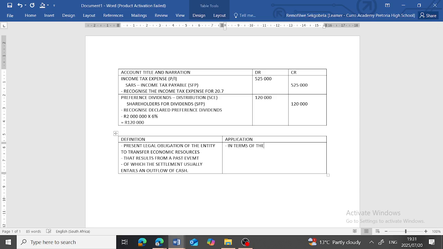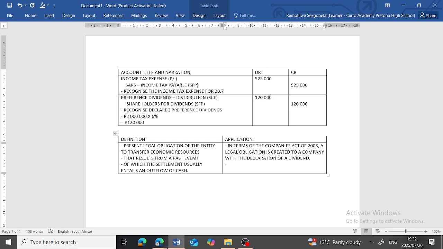In terms of the Companies Act of 2008, a legal obligation is created to a company with the declaration of a dividend. Why?